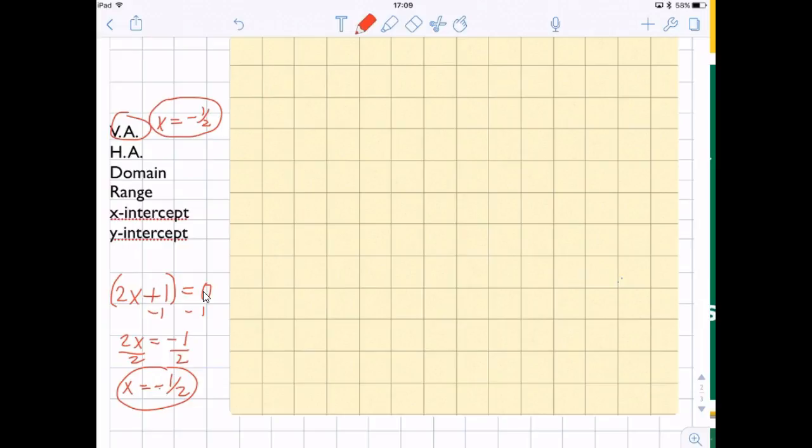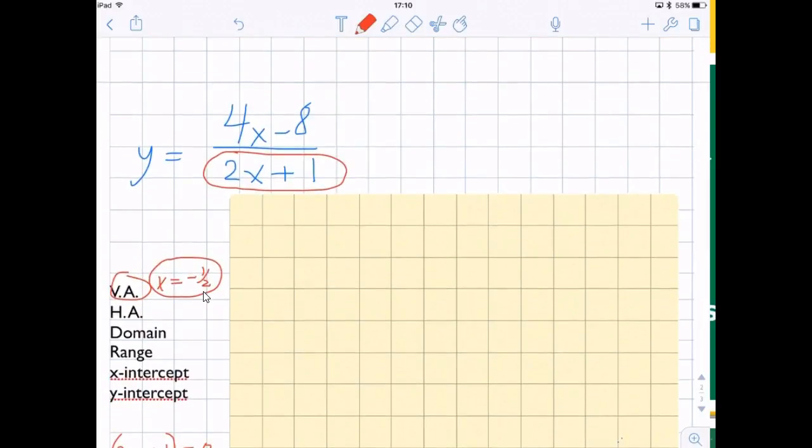Now the tricky thing about the horizontal asymptote is although it's the same concept as it's an imaginary dotted line which the function is going to approach in the horizontal direction, you don't get it using the same method. So the horizontal asymptote is a completely different method. The horizontal asymptote is the value that the y approaches, because it's a horizontal asymptote, we're talking about y now.